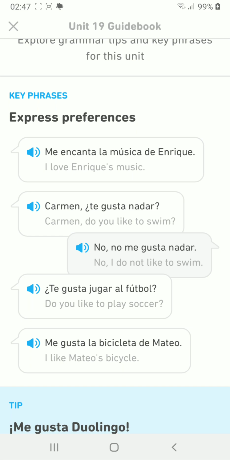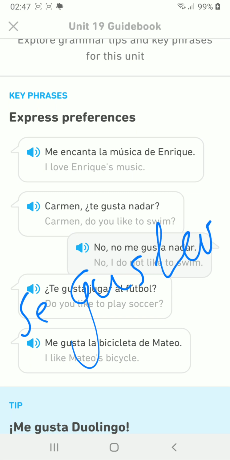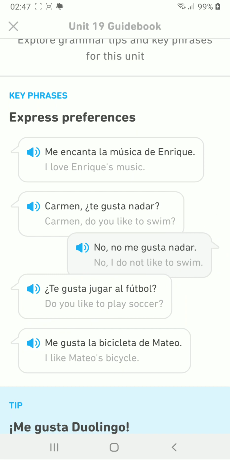Carmen, ¿te gusta? So, gustar. Gustar is also the same, you have the auxiliary thing. Gustar is I like. Encantar is love. Gustar is like. ¿Te gusta la música? Do you like the music? Sí, me gusta mucho. I like it very much.